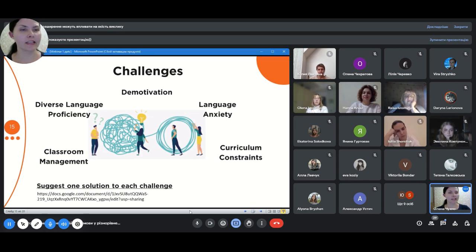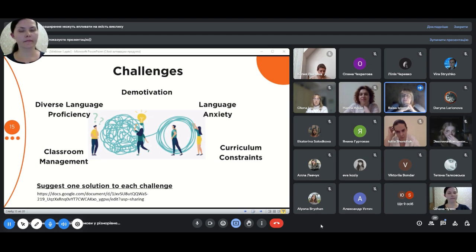I think maybe it's just such a thing as establishing good rapport. Attitude to a teacher can also be a challenge. Sometimes students don't like their teacher, and they think that this discipline is not interesting and important.